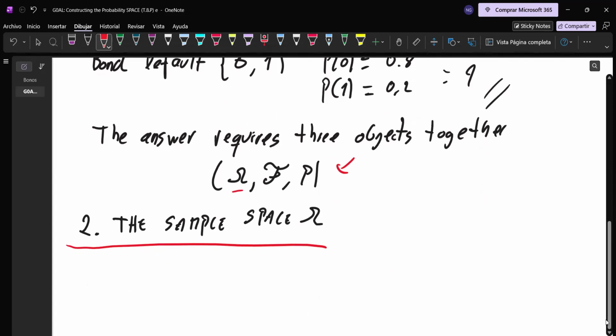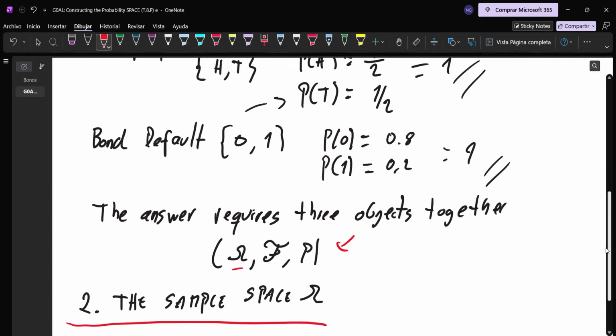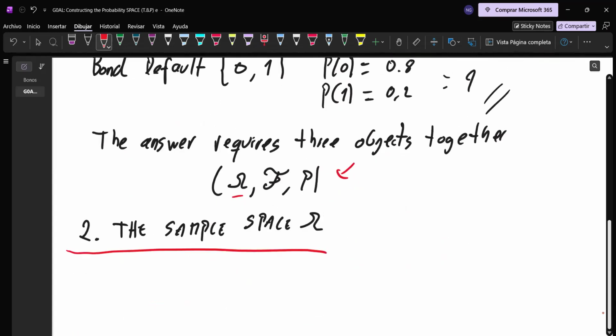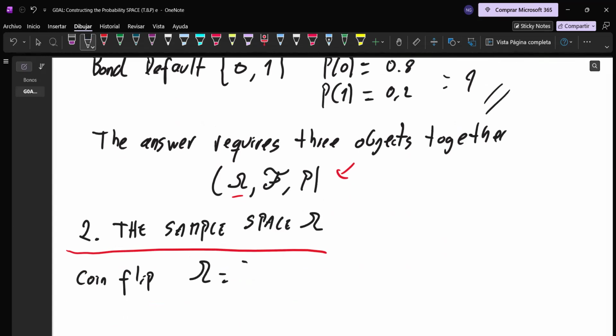Well, the sample space is the set of all possible outcomes of a random experiment. Okay, in this example of a coin flip, I can do the coin flip, and the sample space is H and T.